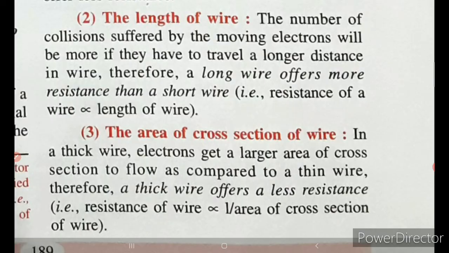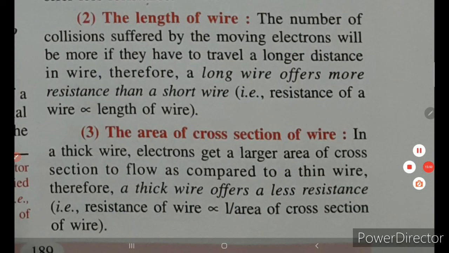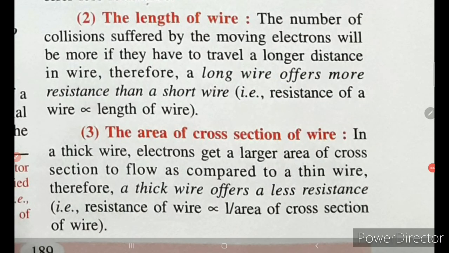Now the length of the wire. The number of collisions suffered by the moving electrons will be more if they have to travel a longer distance. So a long wire will always offer higher resistance because it increases the number of collisions.